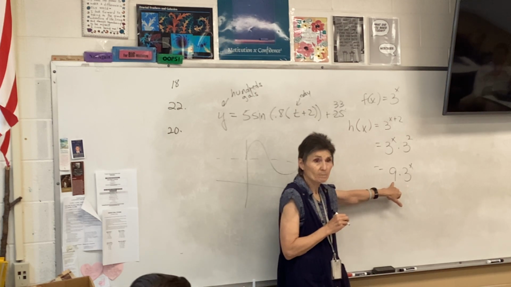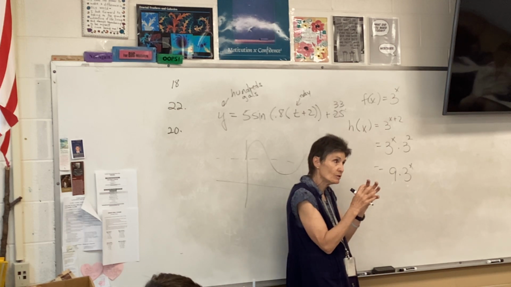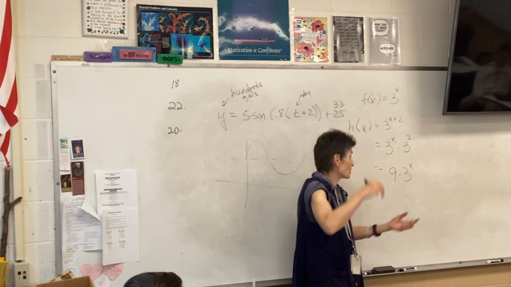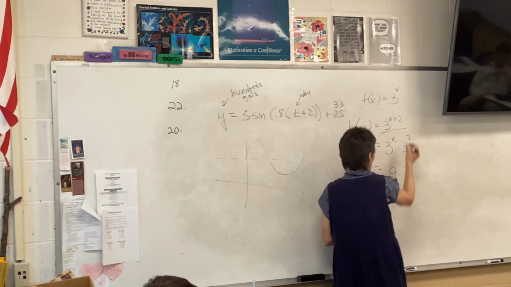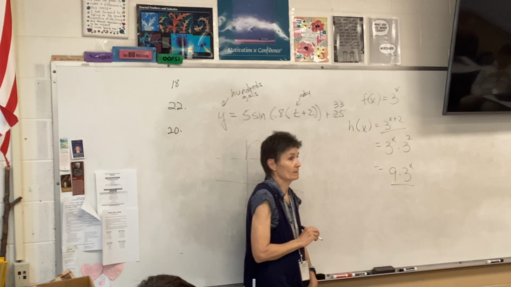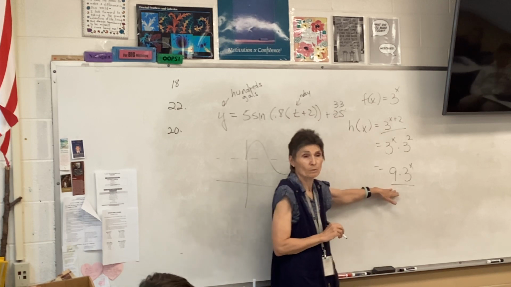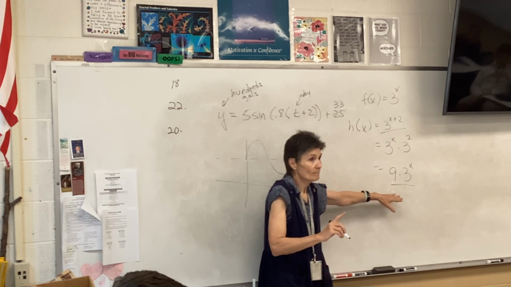I have multiplied it by 9, and what does multiplying the function do? Stretches it. It's a vertical dilation. So that's your answer. These are exactly the same thing, just written here with a translation, here with a vertical dilation. All right, you good on that one?